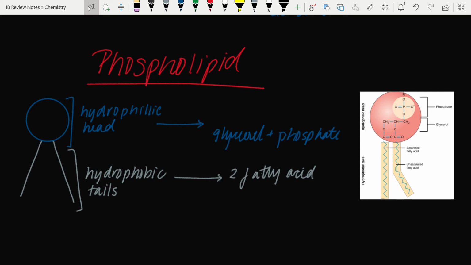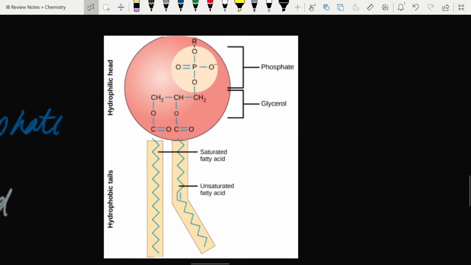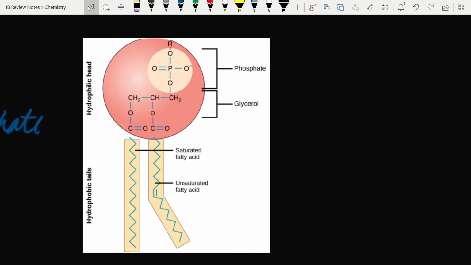Hydrophilic head because not all lipids are non-polar, or they're all not soluble in water. Half of it is hydrophilic and half of it is hydrophobic. The hydrophilic head is made up of glycerol and phosphate groups, and the hydrophobic tail is made up of 2 fatty acids.